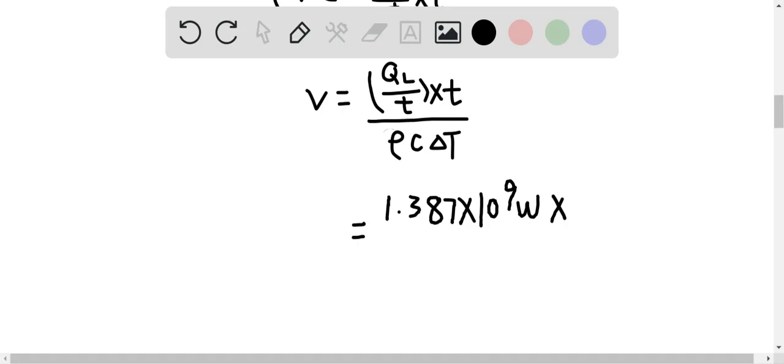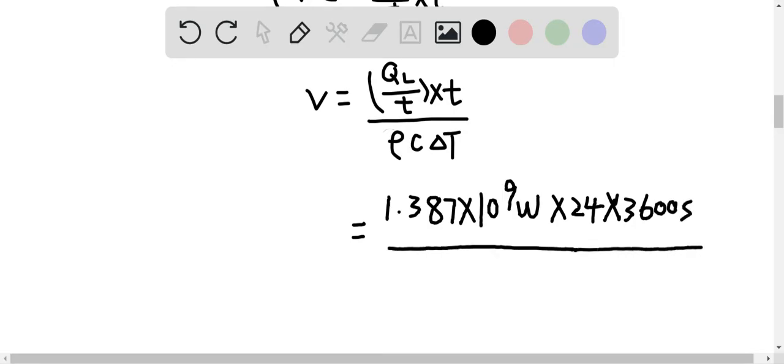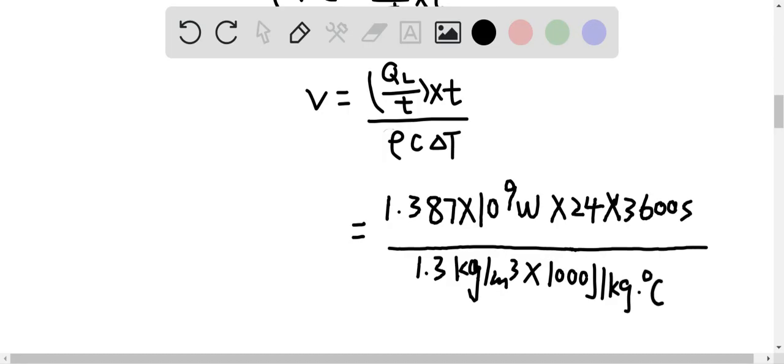Since there are 24 hours in a day and 3600 seconds in 1 hour, that is 24 times 3600 seconds, over rho, which is given as 1.3 kilograms per meter cubed, times the specific heat of air, which is given as 1 kilojoule per kilogram degree Celsius, which is 1000 joules per kilogram degree Celsius, times the change in temperature, which is 7 degrees Celsius.